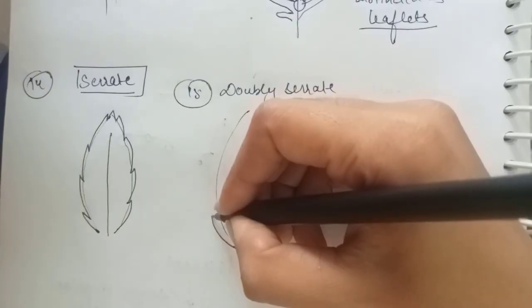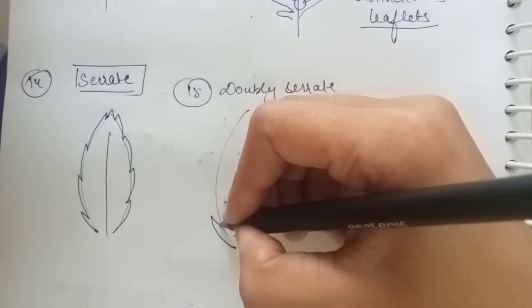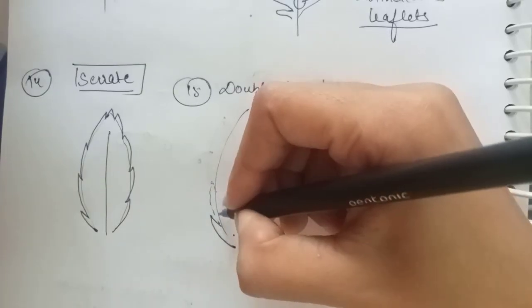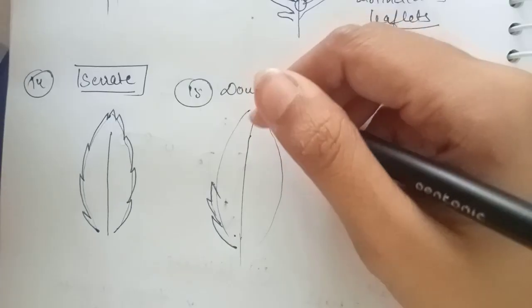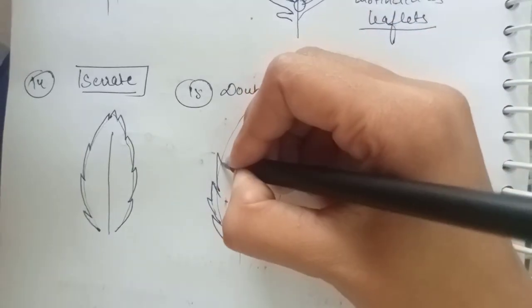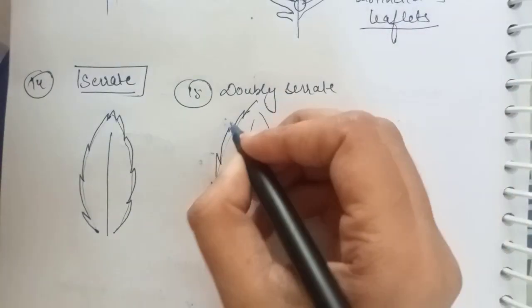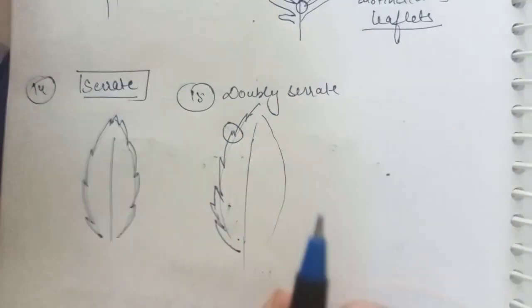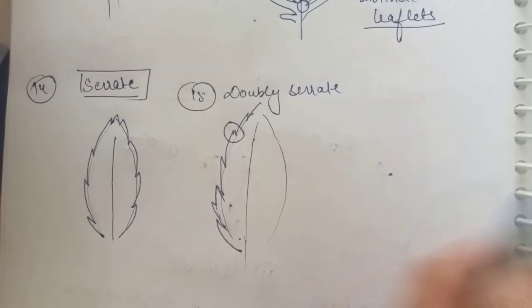Let me draw a serration and I'll draw a serration within this serration. The serrations themselves have a serration. For example, I have drawn this. This kind of margin is known as doubly serrated.